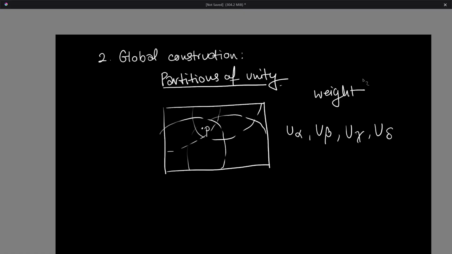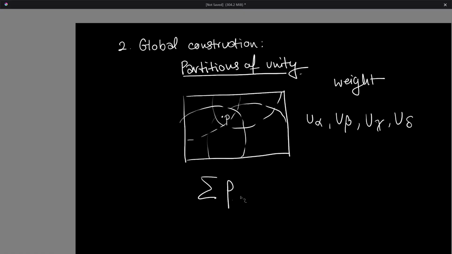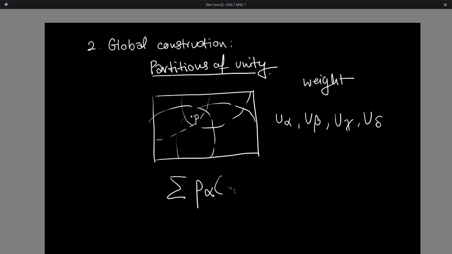Remember, we were using partitions of unity to define the integral, and we were saying that there's going to be a contribution from each of the open sets, but in order to be independent of which open cover we use to define the integral, we're going to weight the different open sets that are overlapping on p in order to get the contribution to p, so that the overall weight, so this is the partition of unity, is equal to 1 over all the indices.